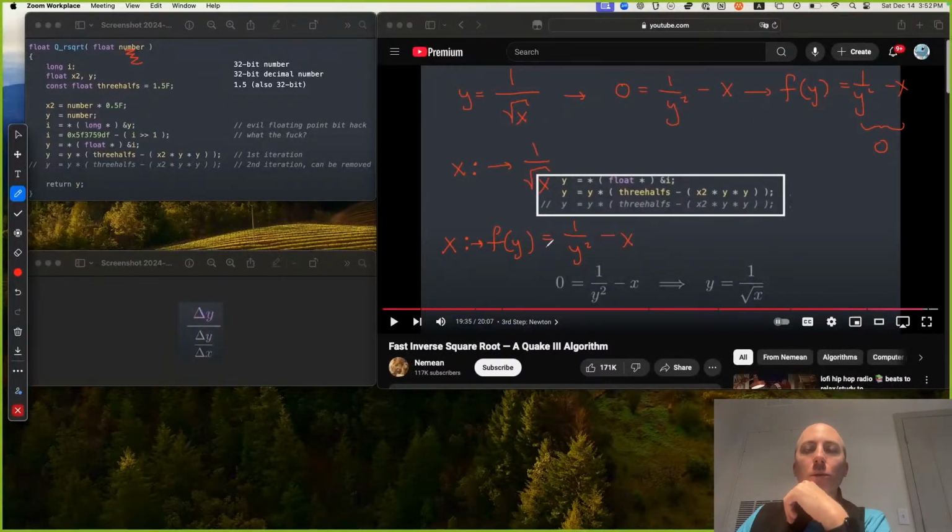A closer equivalent is, we're given x and we want to find the y such that y is equal to 1 over the square root of x.